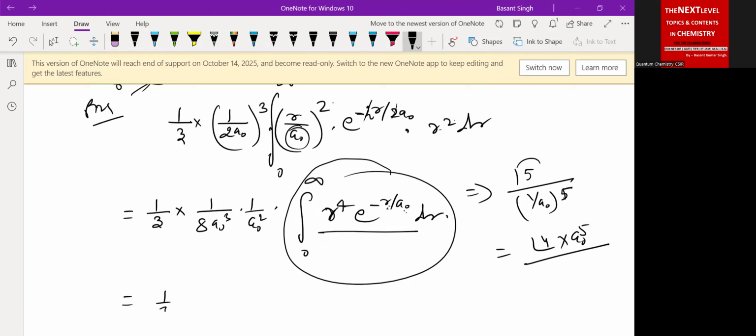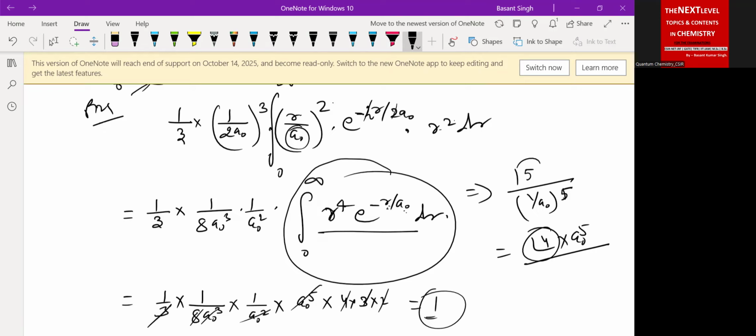So 1 by 3 into 1 by 8 a naught cube into 1 by a naught square into a naught to the power 5 into 4 into 3 into 2 into 1. That is your factorial 4. So 3 cancels out, 8 also cancels out, and this all becomes 1.